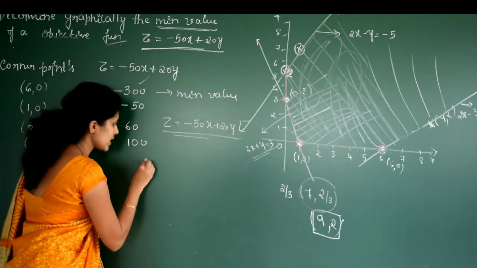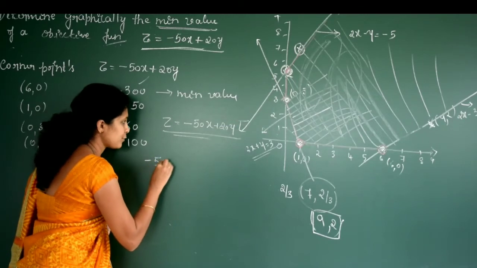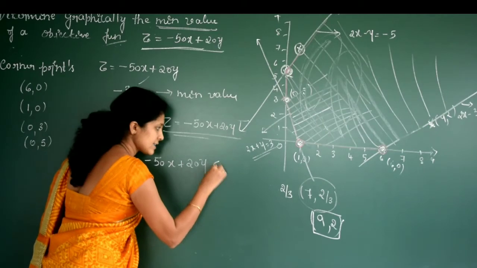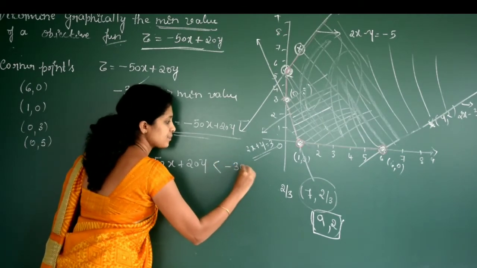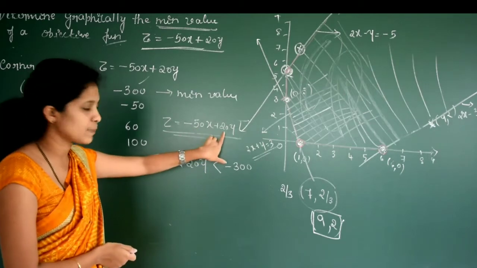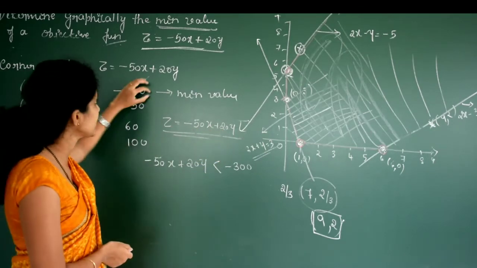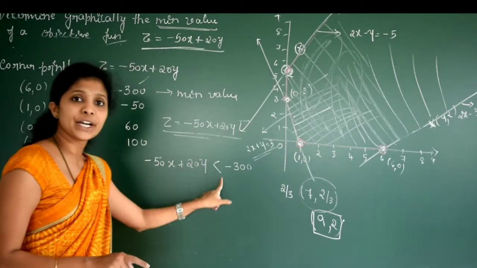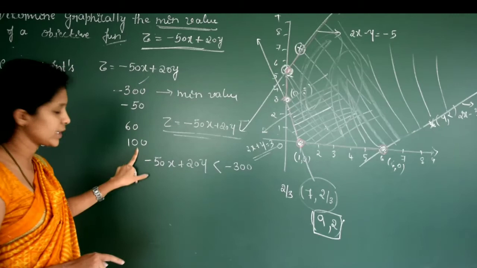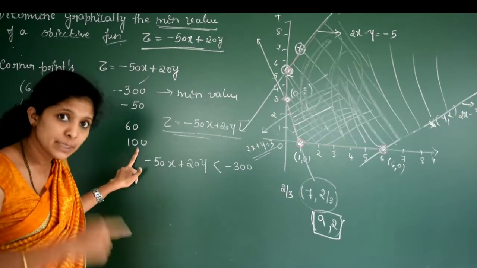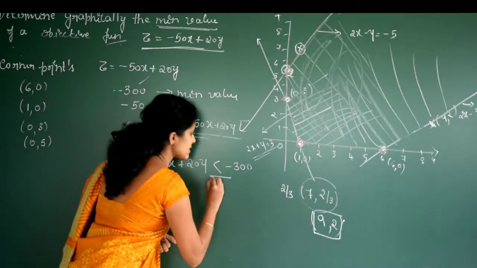So we have to write minus 50x plus 20y is less than minus 300. Is it clear? If you want to find the maximum value, then it should be greater than the maximum value, which is 100. Here we are finding the minimum value, so this sign should be less than.